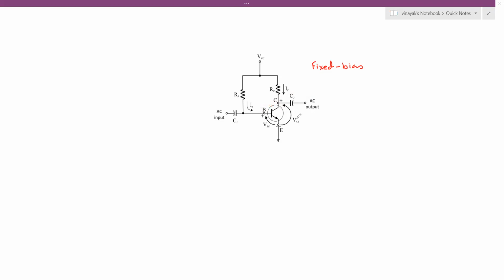And so now this transistor is set to operate in the common emitter mode. So let me write here, this is biased in the common emitter configuration.